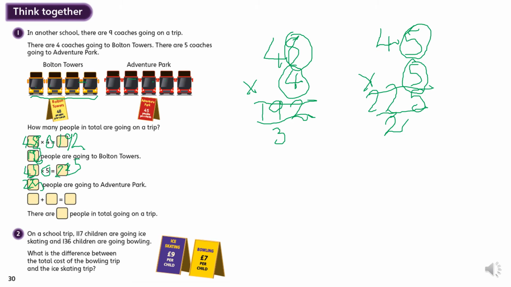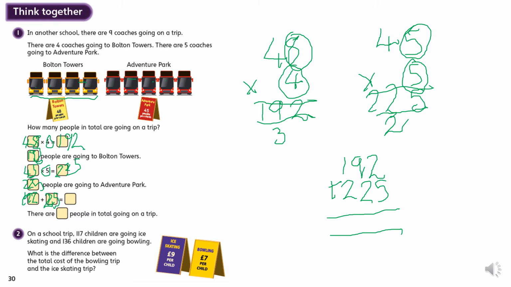Right, then to solve my problem of how many people in total are going on a trip, I need to add these two answers up. So I have 192 add 225. Again, I can use my column addition to solve this problem if I'm not feeling confident enough to do that in my head. So I have 192 plus 225, and then my equal sign.